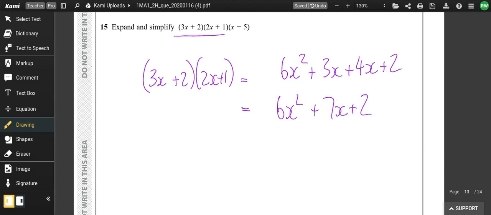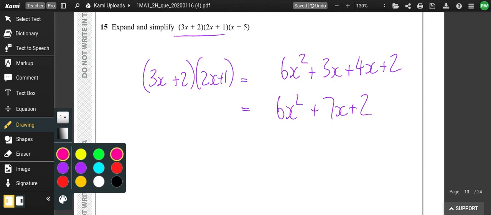Now we're going to take each of those for the final bracket. We're going to do x lots of that. And then we're going to do -5 lots of that, and add those together.